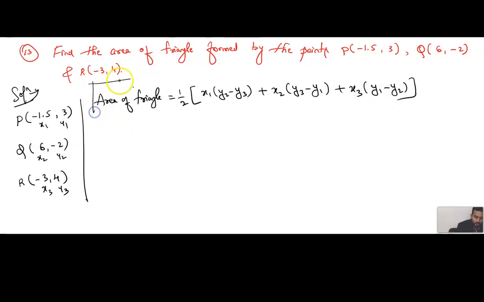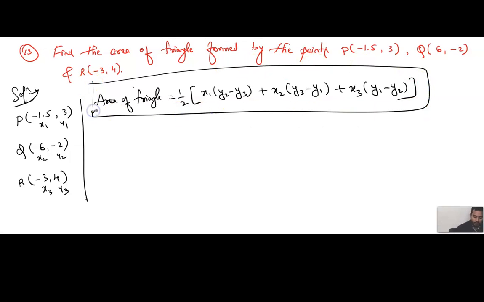Close the bracket, enclose within the box. Now that is equal to half into x1. See children, x1 value is minus 1.5, right? So minus 1.5 into y2 value is minus 2 minus y3 value is 4.